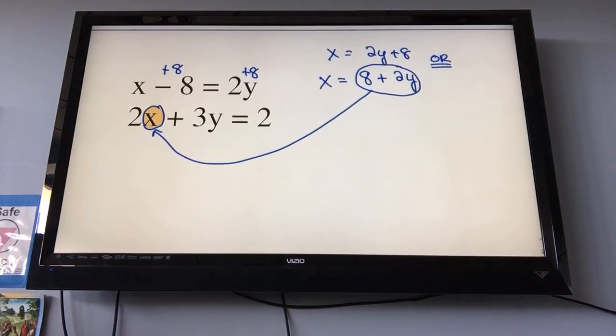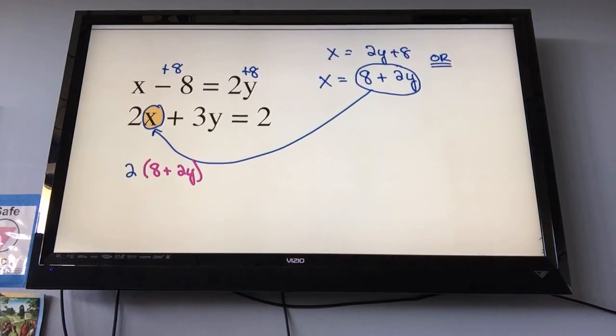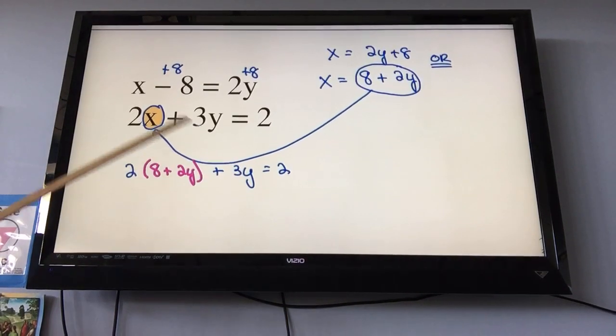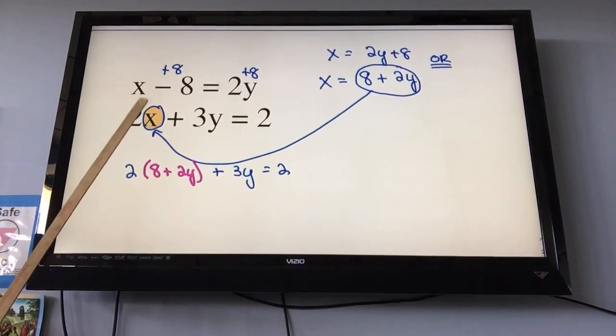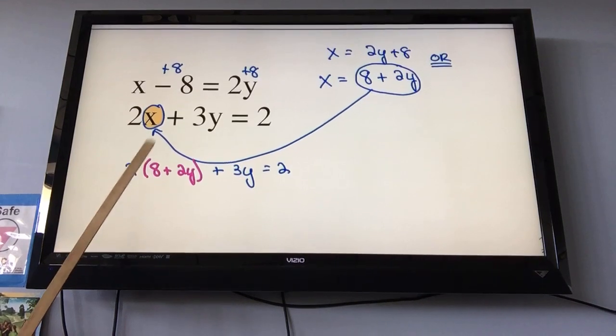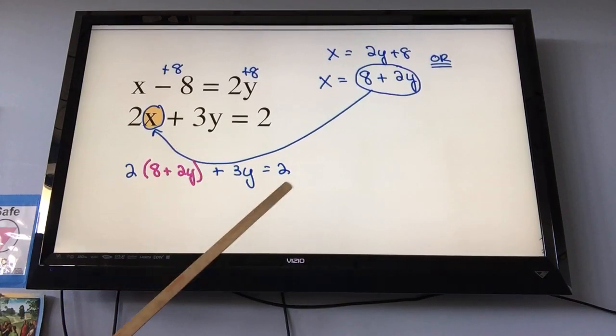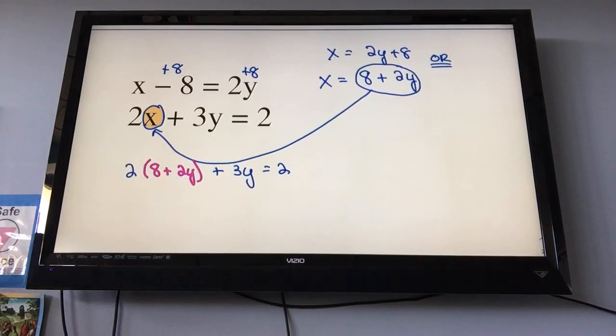So then I have 2, x comes out of the game, 8 plus 2y goes in the game. And all of the other pieces stay the same. So the only part that I'm substituting is that x. So that 2's still there, the x came out, the plus 3y, the equals 2, all stays the same.